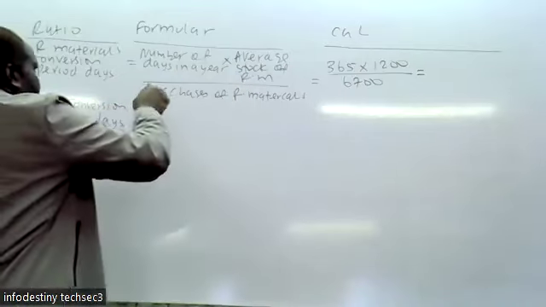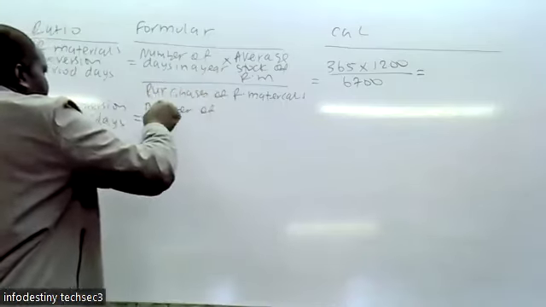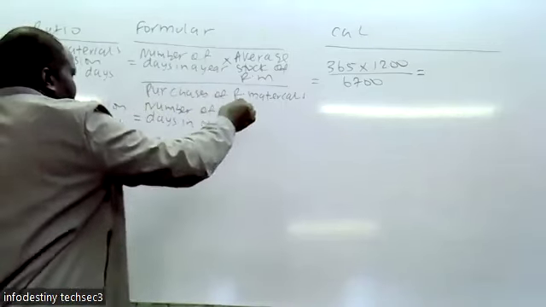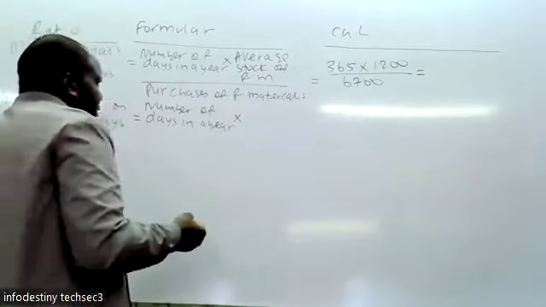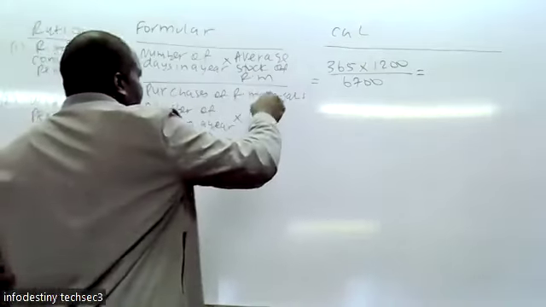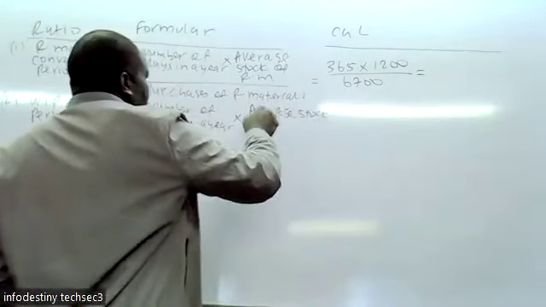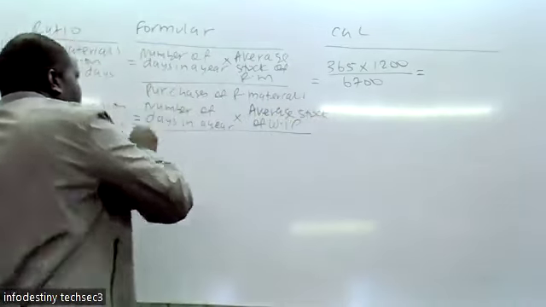It will be number of days multiplied by average stock of the work in progress.